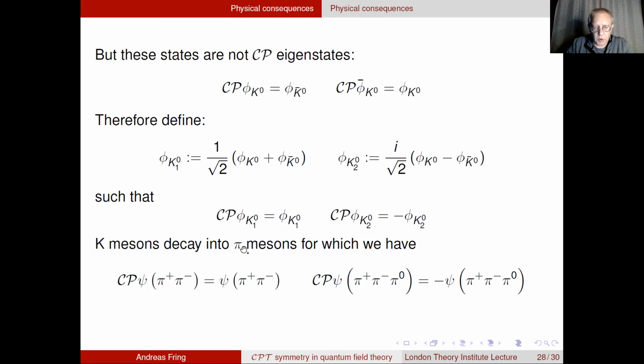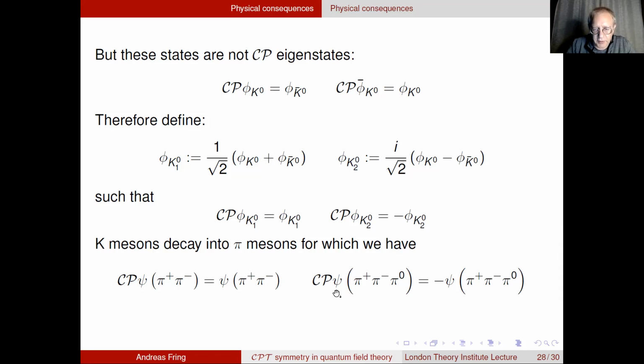So what has been observed also is that K-mesons decay into pi mesons. And what one can calculate, I will not do this here, is that the wave function made up of a pi plus and a pi minus is an eigenstate of the CP operator.